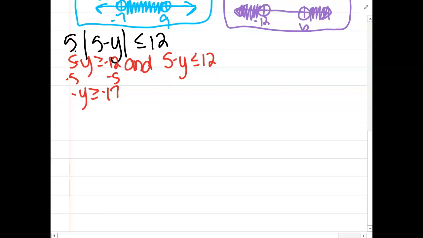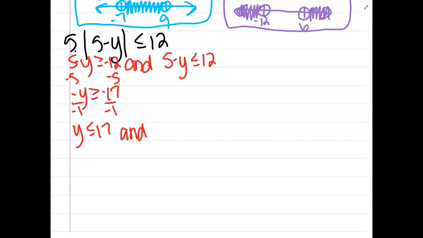I don't want negative y. I want a positive y. How do you get rid of a negative? Divide by a negative 1, but this is an inequality. Whenever I divide both sides of an inequality by a negative number, flip the sign. So it's actually going to be y is less than or equal to 17. And then you're actually going to go through the same steps on the other side.